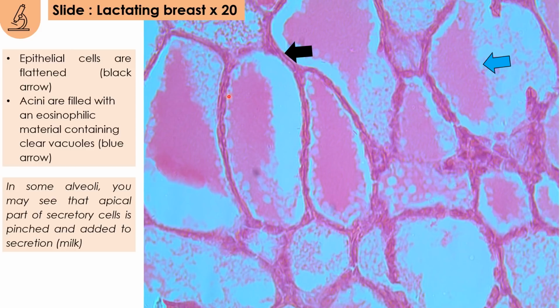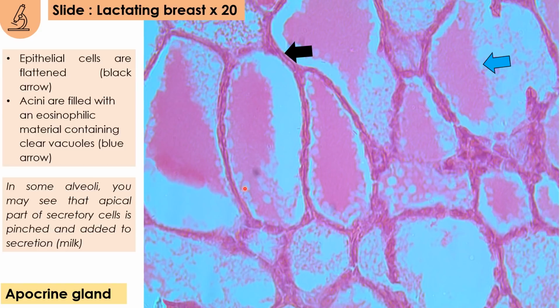The lactating breast is an apocrine gland, but of course it's quite difficult to find the cells at the time of pinching off. Remember, in apocrine glands, the apical surface, the apical plasma membrane, will be pinched off together with the secretion.